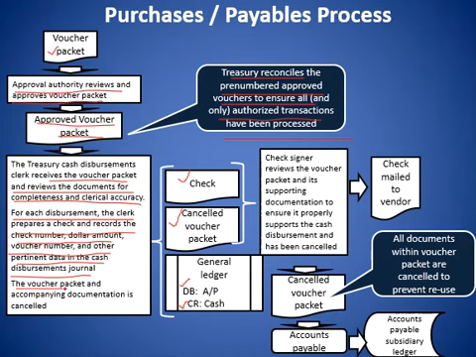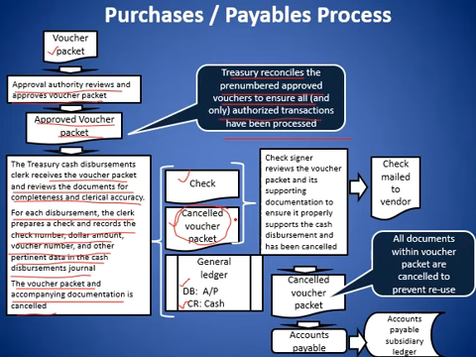And as I mentioned here, the voucher packet and accompanying documentation is canceled. And that's what this represents here, the canceled voucher packet. Now, the reason we cancel the voucher packet, and what that means is that I cancel the packet itself and I cancel the items that are contained within the packet. Again, that includes the invoice from the vendor, the receiving report, and also the purchase order.